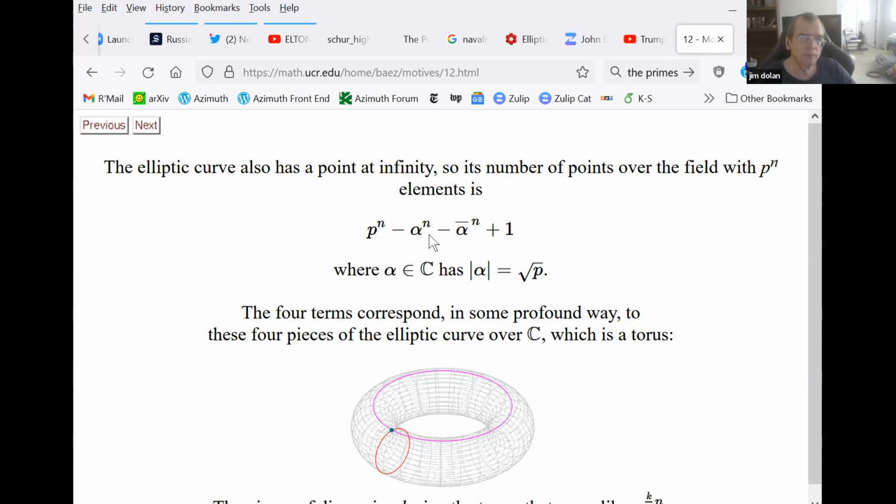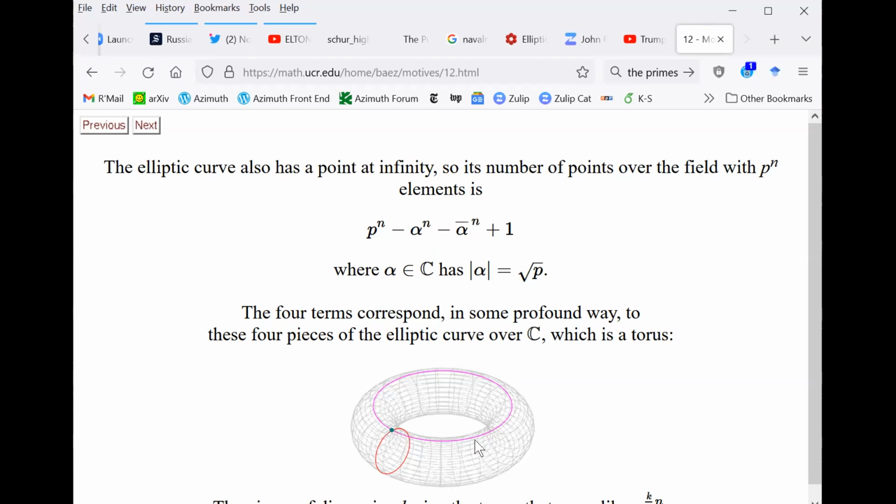Weight 1? Weight 1 means these colored circles here, metaphorically speaking. To the extent that this term in the count of points has to do with the first homology of the torus, well, that's the motivation for that stuff being called weight 1.